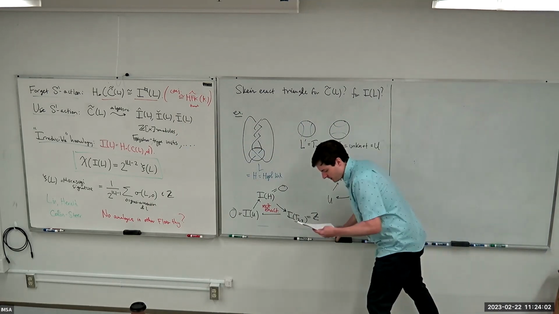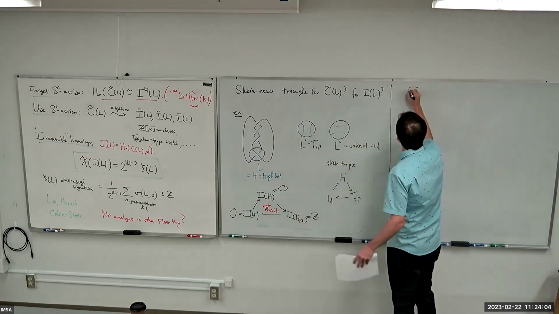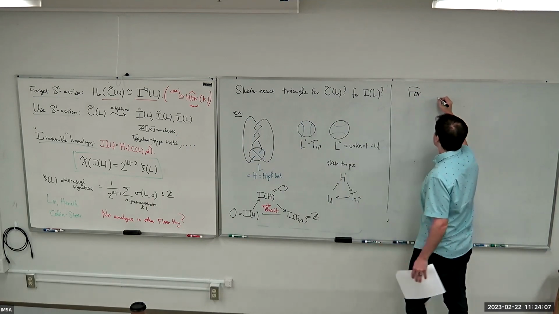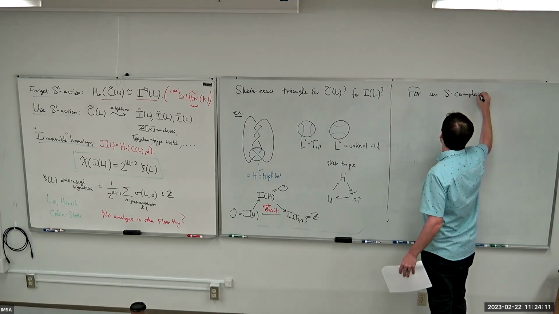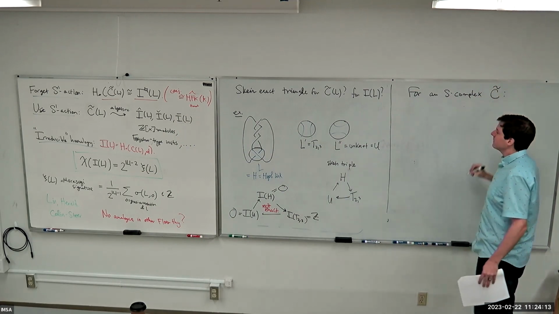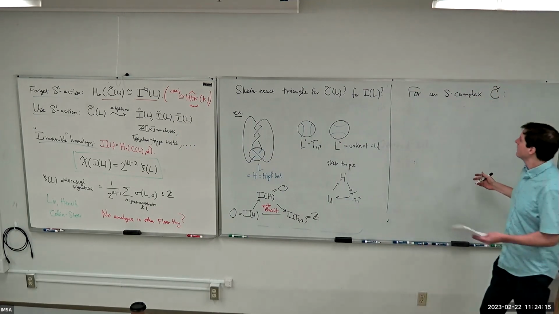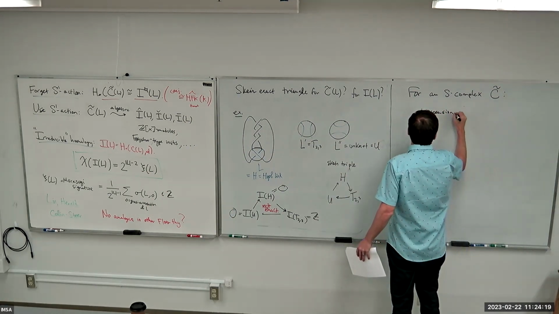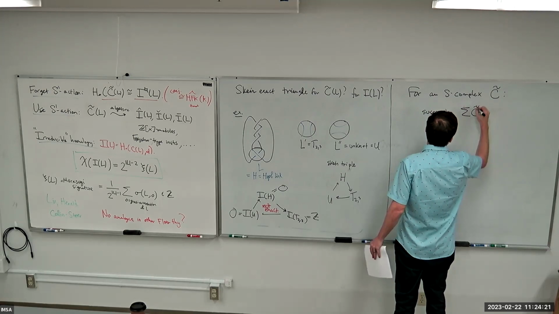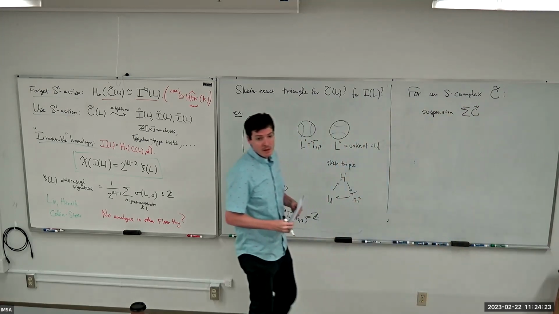Let me tell you what does work. So there's one main algebraic construction. For an S-complex C tilde, not necessarily coming from a link, you can define what's called its suspension, and I'll call it sigma C tilde.